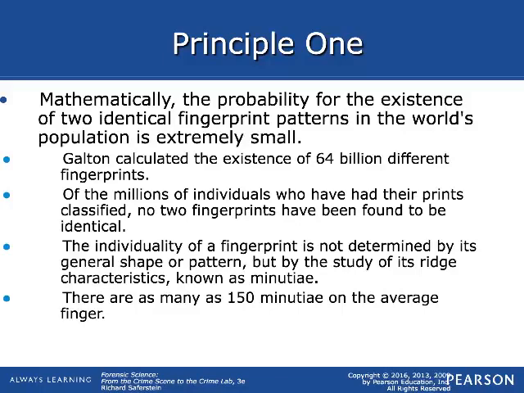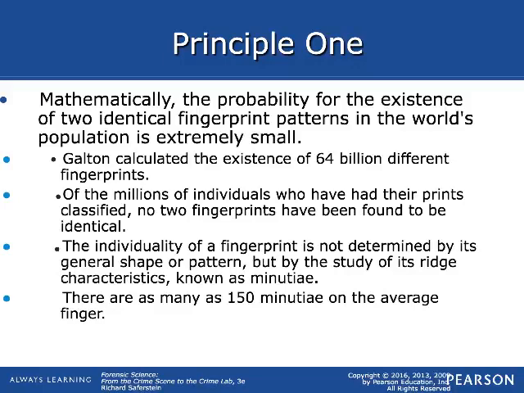So mathematically, the probability for the existence of two identical fingerprint patterns in the world's population is really, really small. Galton calculated the existence of 64 billion different fingerprints. So that's a lot of fingerprints. Now, of the millions of individuals who've had their fingerprints classified, so far they haven't found two that are identical.